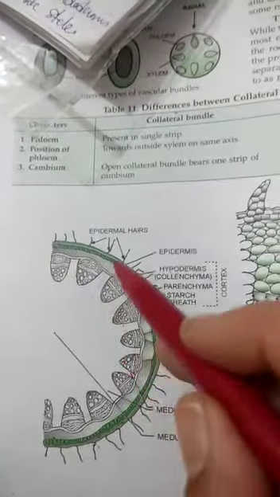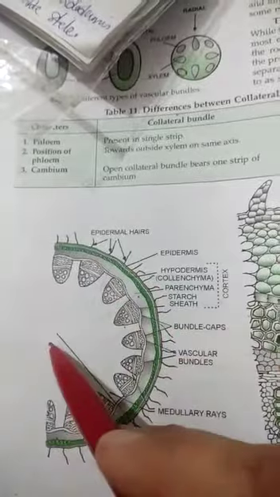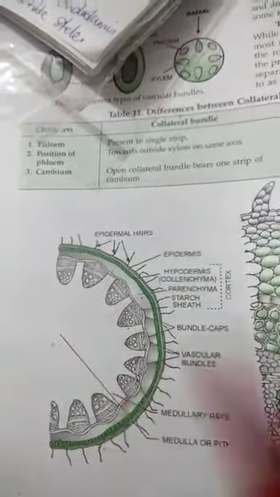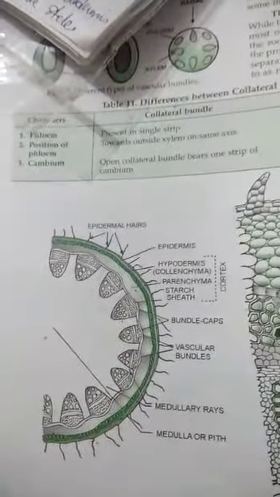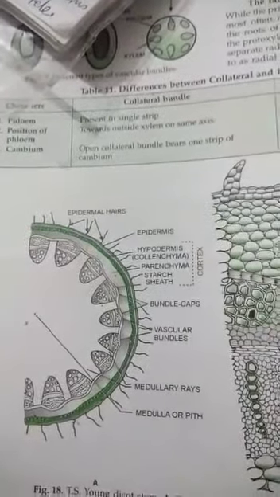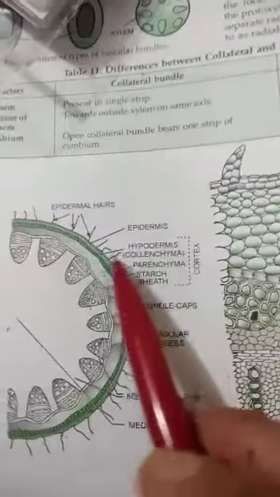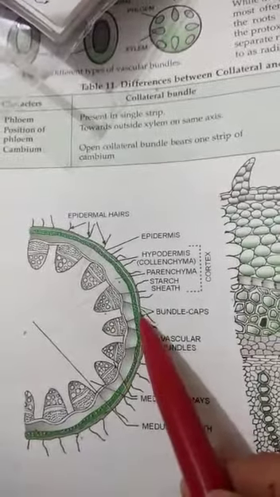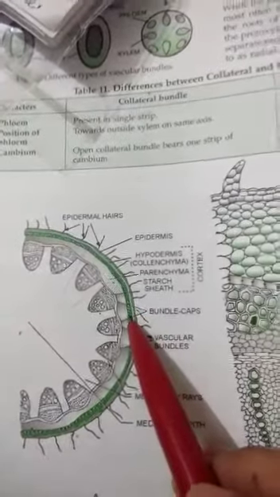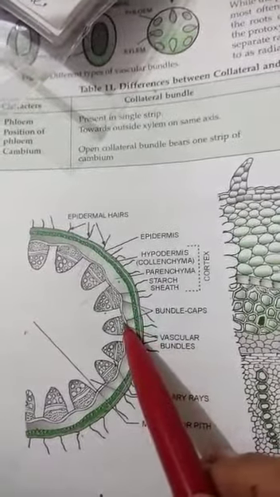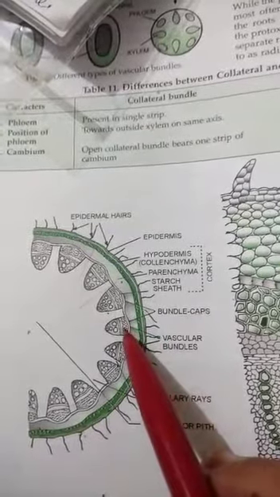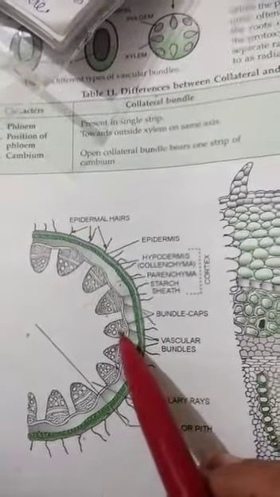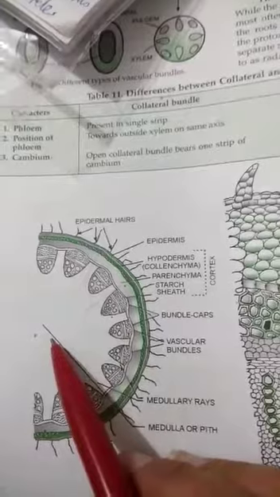This is actually the medulla from which the parenchymatous medullary rays arise. So these are the various layers which can be seen in this diagram also. This is cuticle, epidermis, then hypodermis, collenchymatous, this is sclerenchyma, pericycle, this is phloem, then cambium, and then xylem, and this is pith.